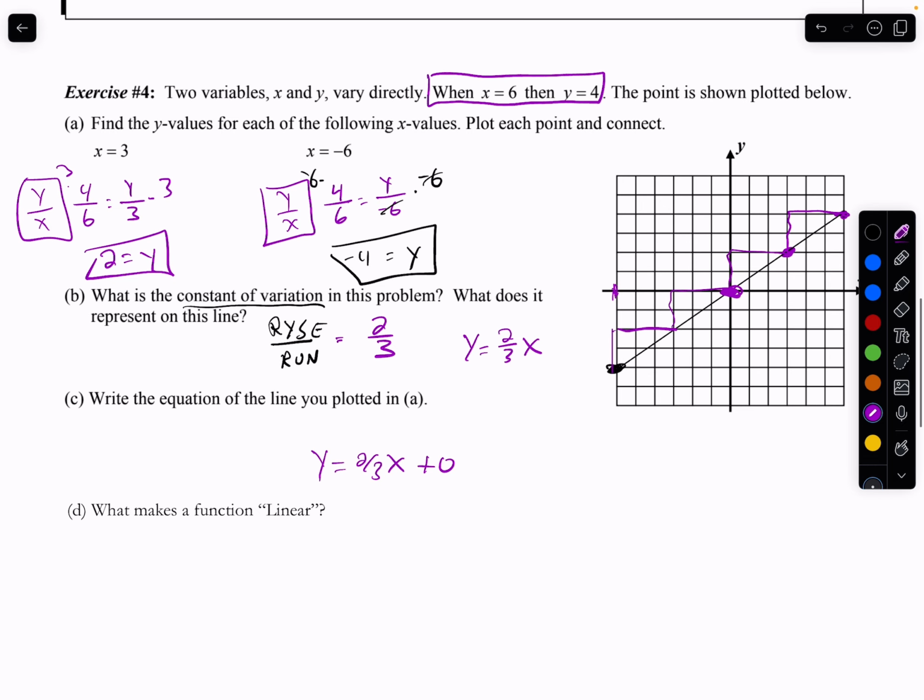So what makes this function linear is a constant rate of change. So important, constant rate of change. That's what makes lines into lines. It's the most basic fundamental unit of algebra.